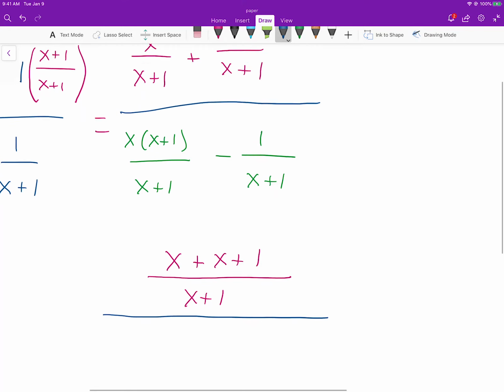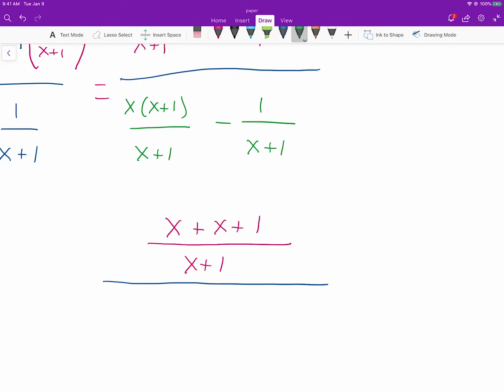All over, in my denominator, I'm just copying everything down. I'm not doing out any multiplication yet. x over x plus 1 minus 1 over the same denominator, which is x plus 1.